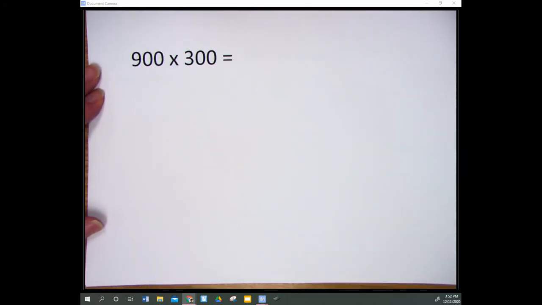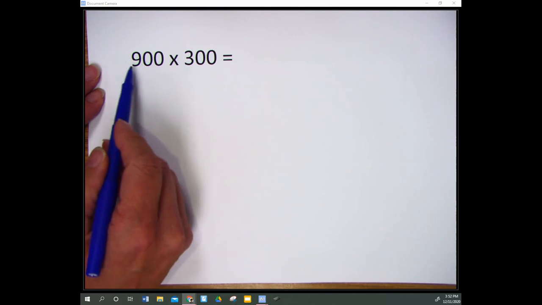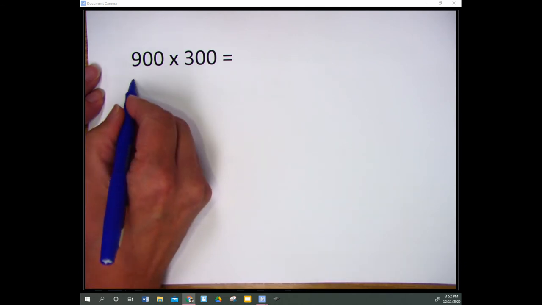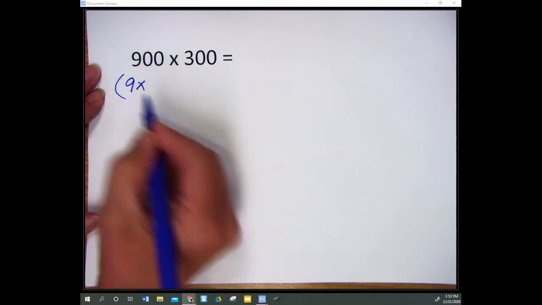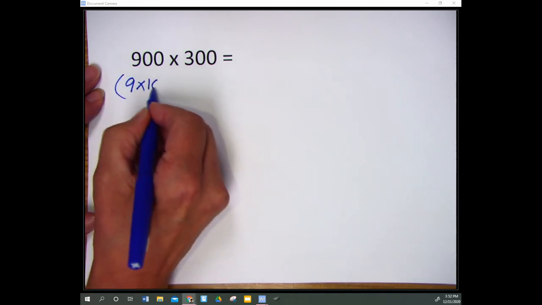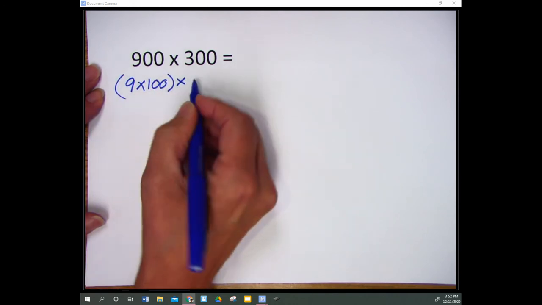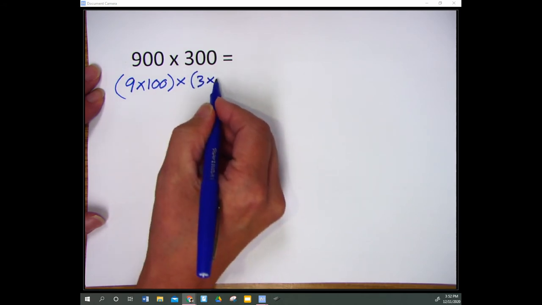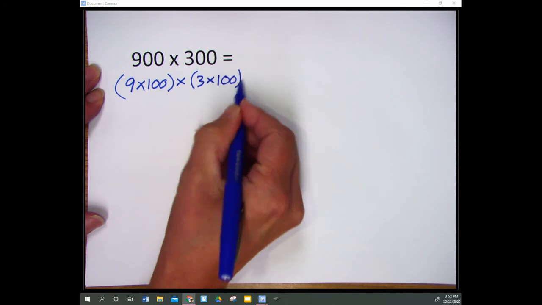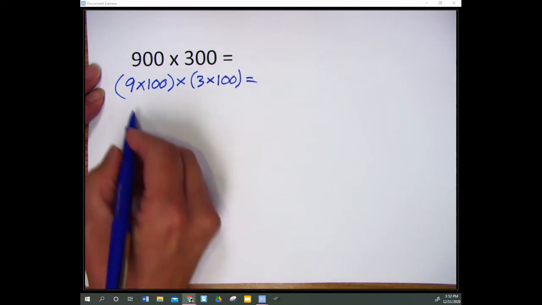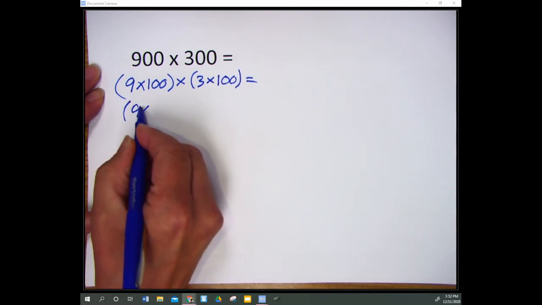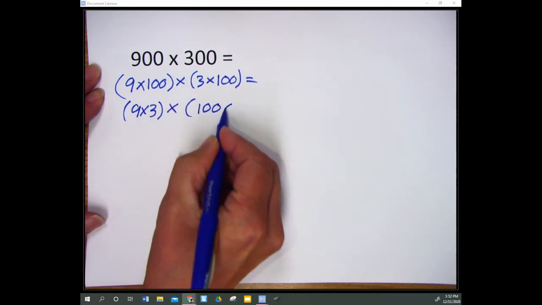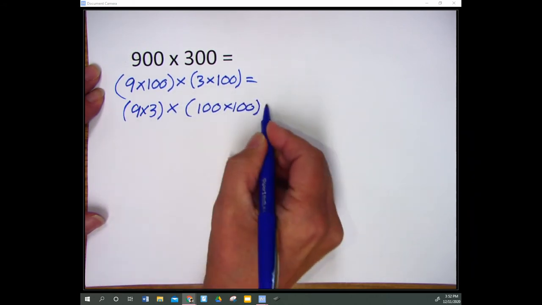900 times 300. Now, how would we break 900 into two factors? It'd be a 9 times a 100, times, let's see, how about the 300? A 3 times another 100. And that would be equal to just doing the 9 times 3 together times the 100 times 100 together.